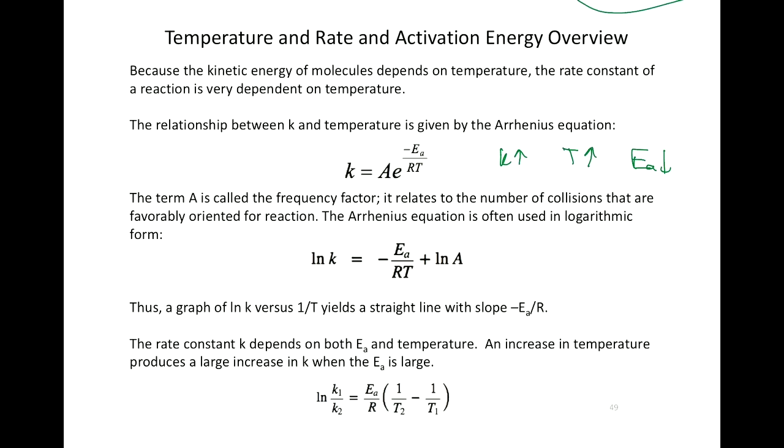If we figure out what K is at a bunch of different temperatures, we can plot it and look at the slope to figure out the activation energy. It will be negative Ea over R because that's the slope. Or if you don't want to do 3 or 4 experiments, we can just look at 2 experiments. These 2 equations are basically the same. We've simplified it to look at the same experiment at 2 different temperatures, with different rate constants. So that is the Arrhenius equation.